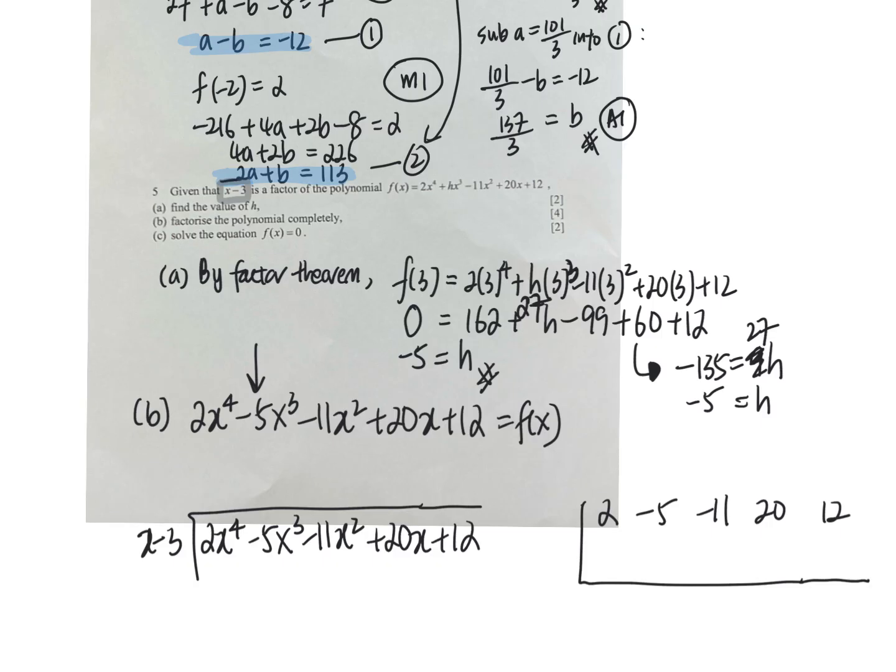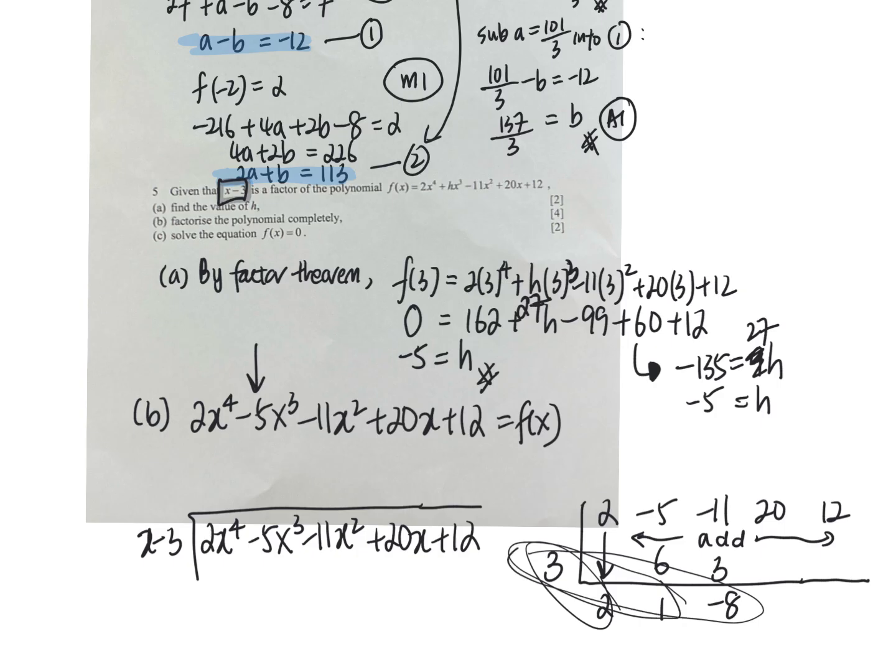And then you put in x as 3, the solution. So bring this down, multiply, add together. This always add. So multiply, add together, multiply, add together, multiply. You should get 0 here.